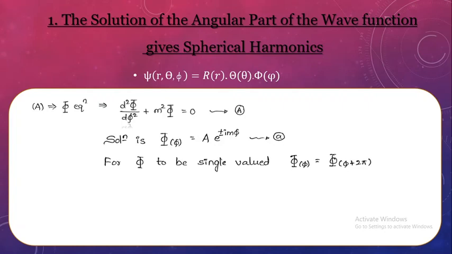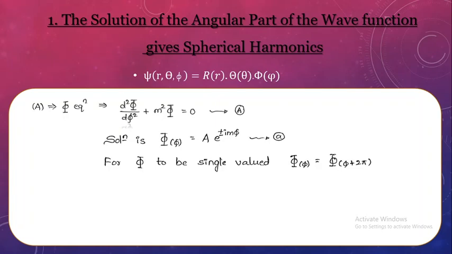Then this wave function, or the angular part of the wave function, denoted as Phi, has to be single valued, because finally it is a wave function and the condition for validity of a wave function is that it should be finite as well as single valued.